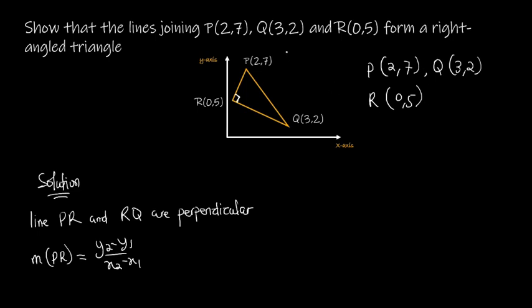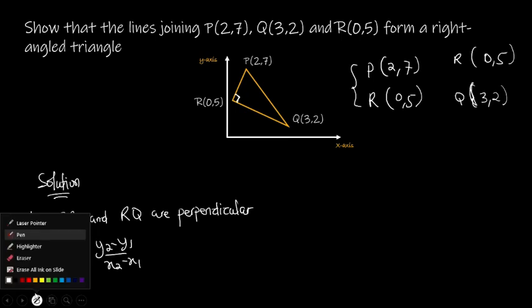So this is for the first line, P and R. The second one is R and Q. So for R and Q, their point R is 0, 5, and then for my Q, I have 3, 2.